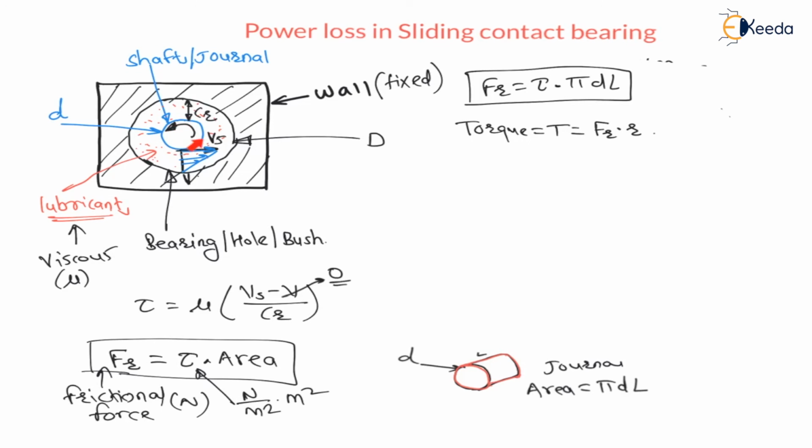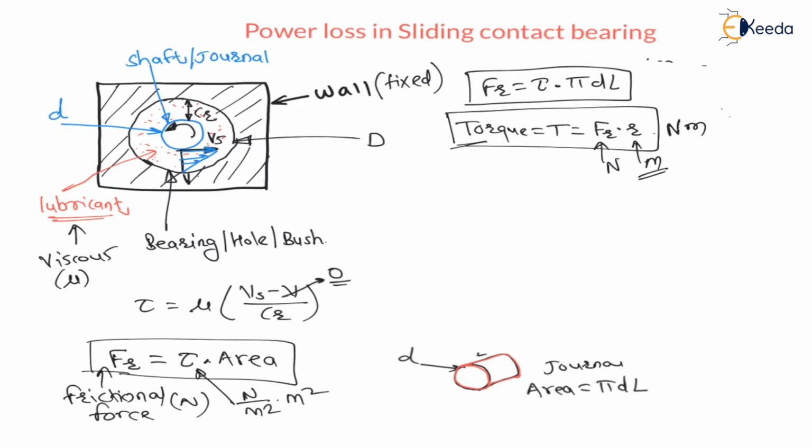As the shaft is rotating, the torque is applied on the shaft only. This is how torque is calculated, in Newton meter if force is in Newton and radius in meter, otherwise in Newton mm if radius is in mm. And this is a frictional torque.